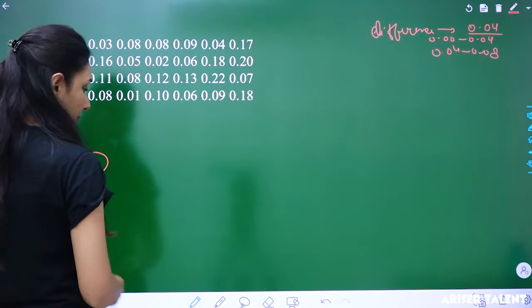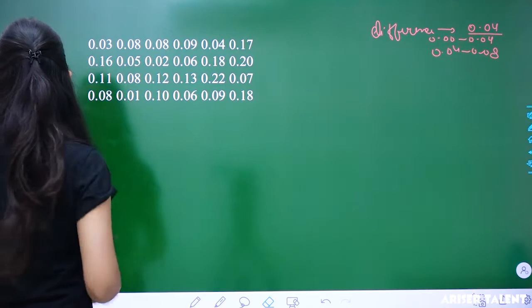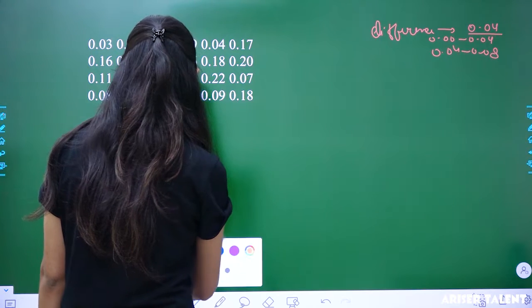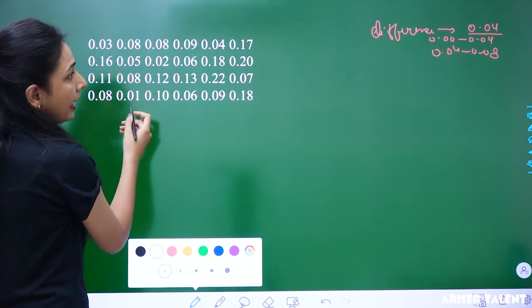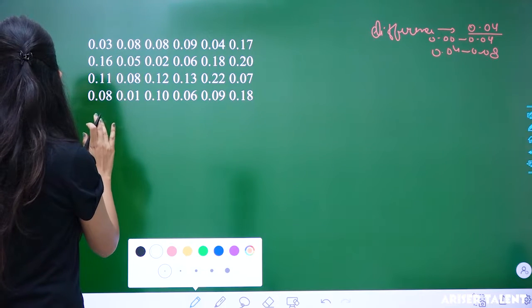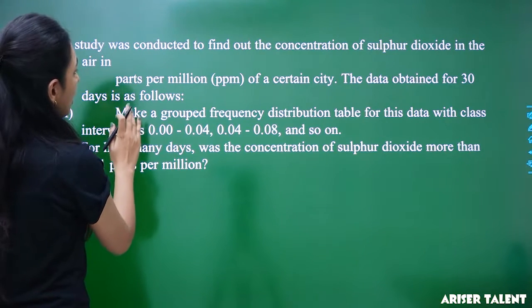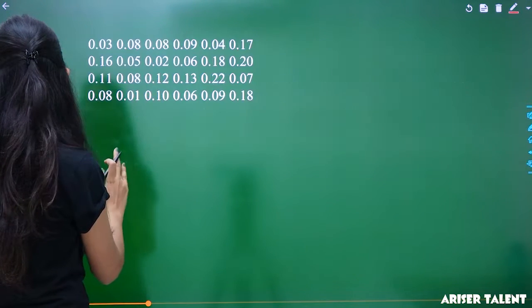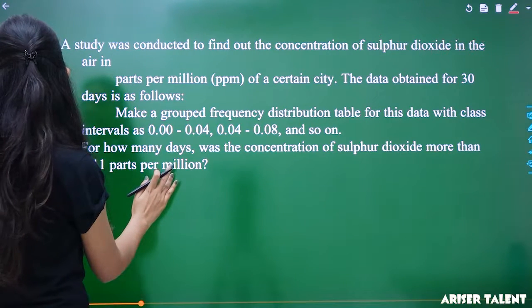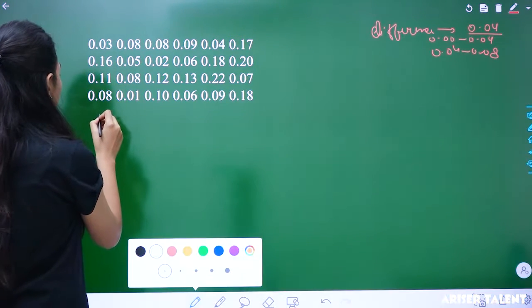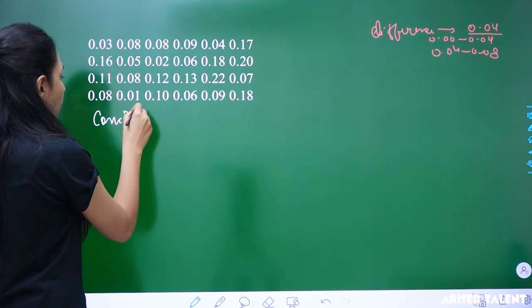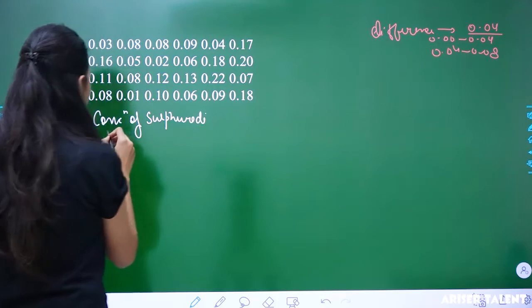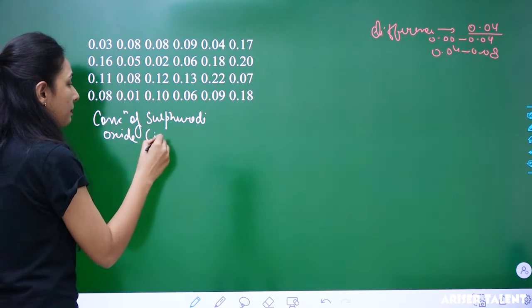So here's the data, and now we are going to make the table out of it. The first column is the concentration of sulfur dioxide in ppm.